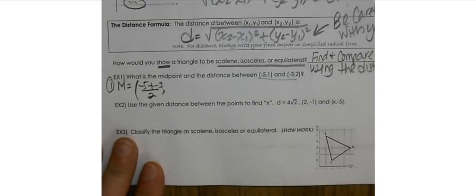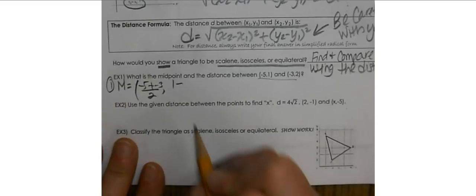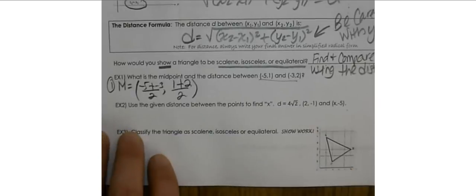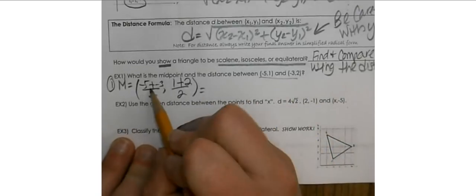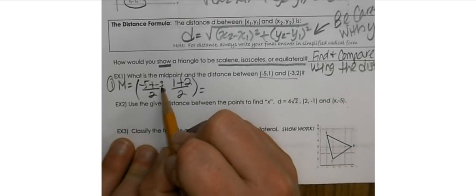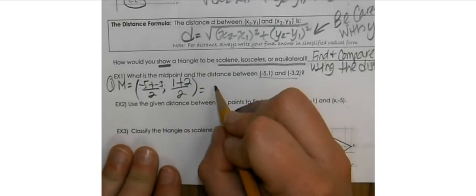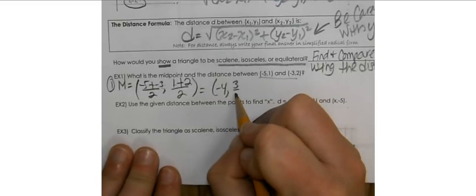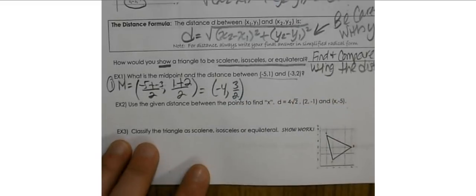Then I'm going to take my y values, 1 plus 2, and cut that in half as well. -5 plus -3 is -8, and half of -8 is -4. 1 plus 2 is 3, so we can write this as 3 halves, or 1.5.